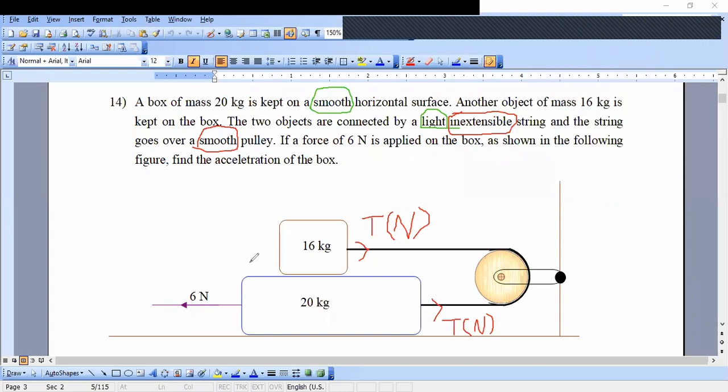If this 20 kg object is moving to your left-hand side with an acceleration of simply a, what should be the acceleration of this 16 kg object here?